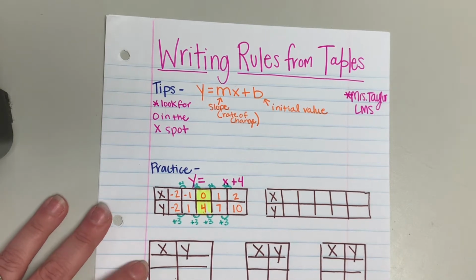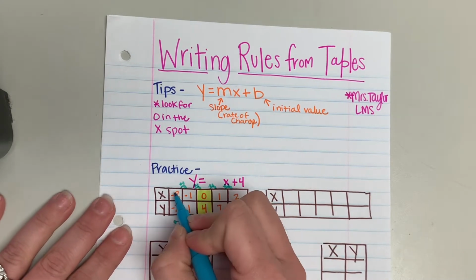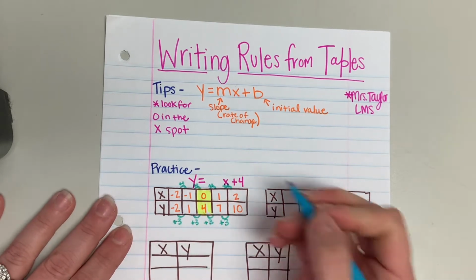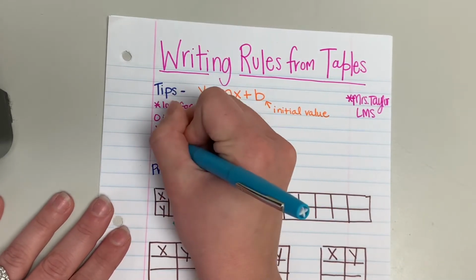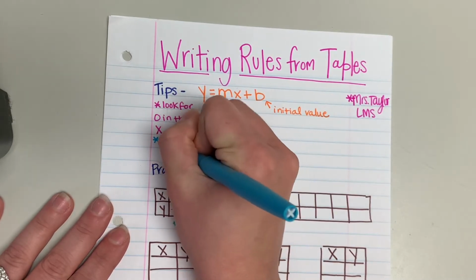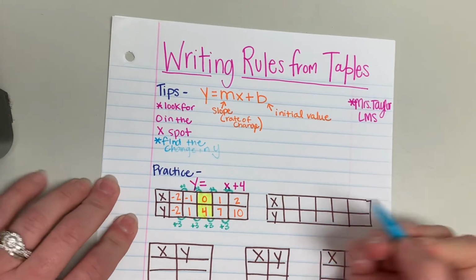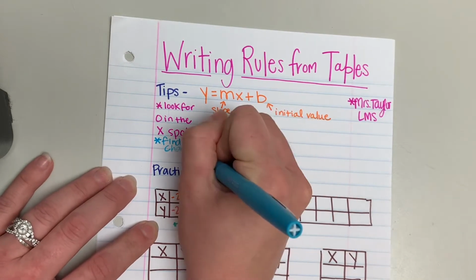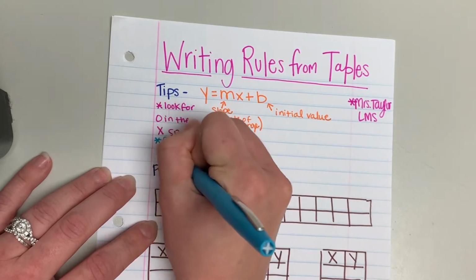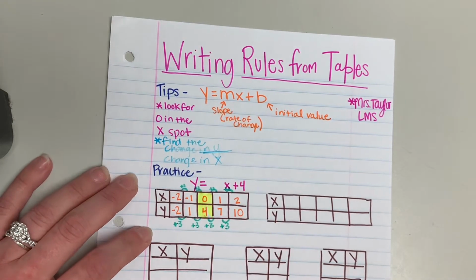Another tip you need to write down is you always determine the slope by getting your change in y. What was the change in y every time? 3. Over your change in x. 1. So another tip: find the change in y, and you're going to put that over the change in x.